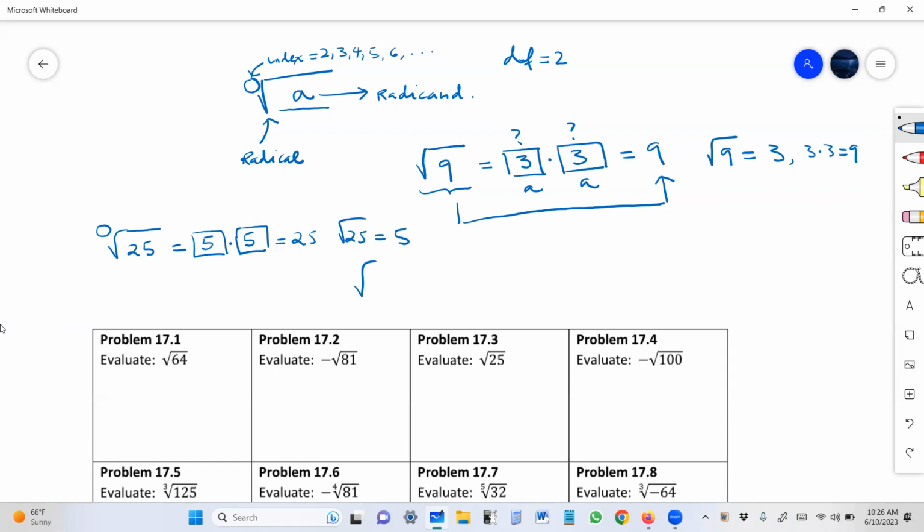Now, how about if I have something like this? Cubic root, so now the index is 3, of 8. In this case, because the index is 3, I need 3 boxes.